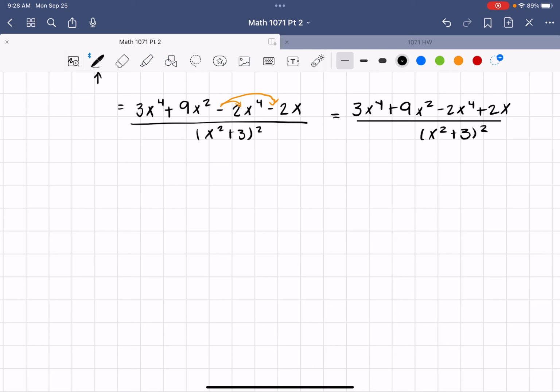And 9x squared plus 2x. Am I okay this time? So on the second midterm, you have to be able to simplify.